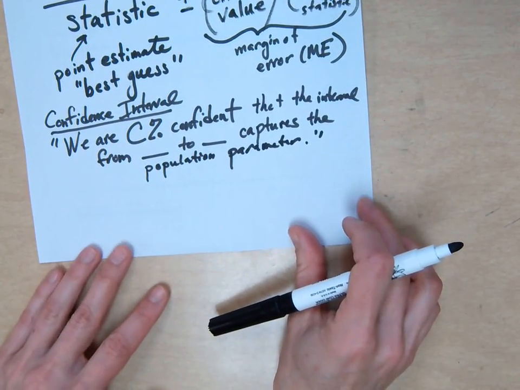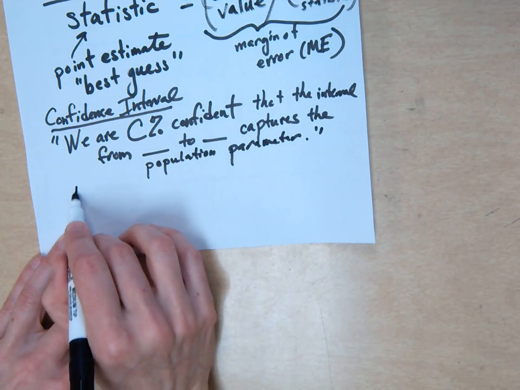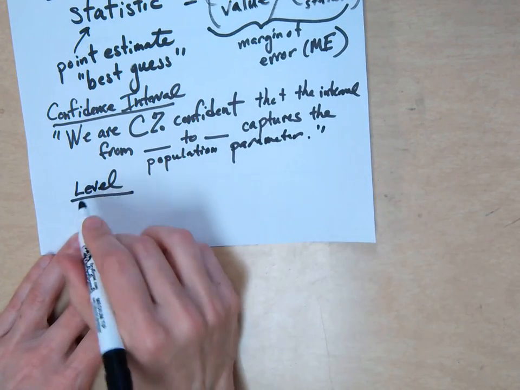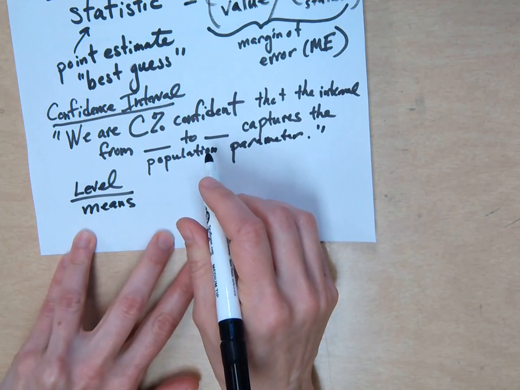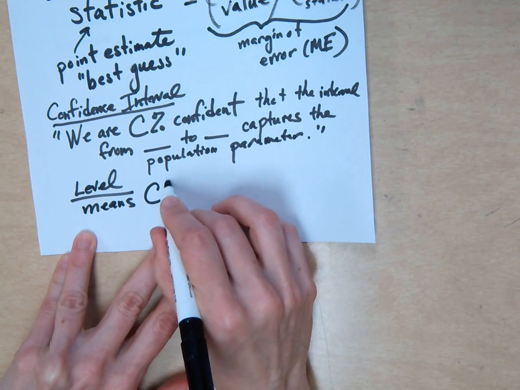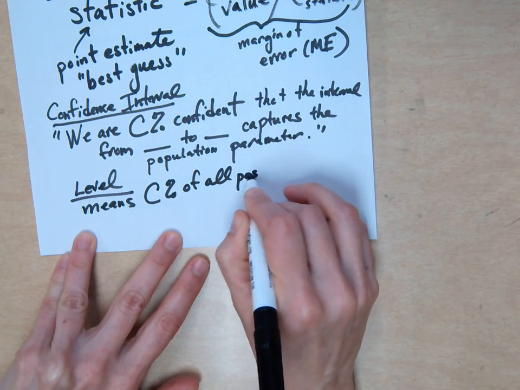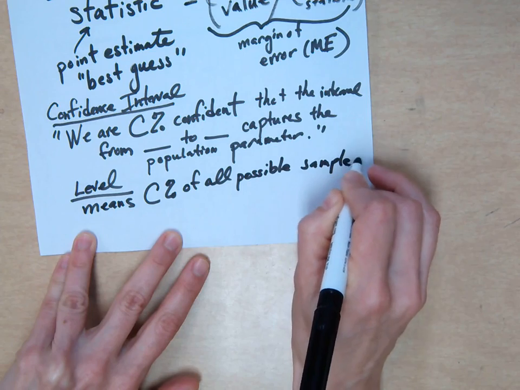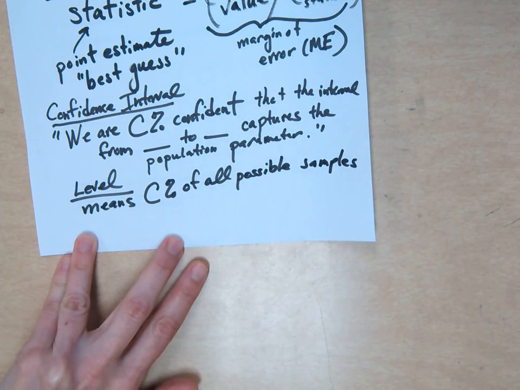So that's the interval part, and then the level, to take it a step further, the level means, this is the last thing, it means that C% of all possible samples will result in an interval that captures the unknown parameter.